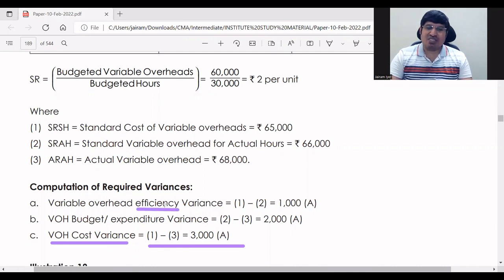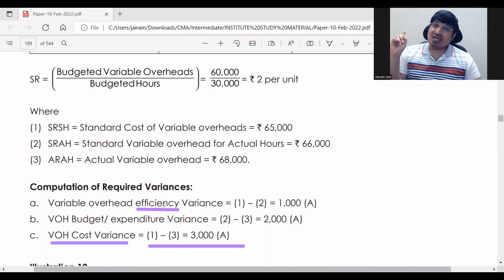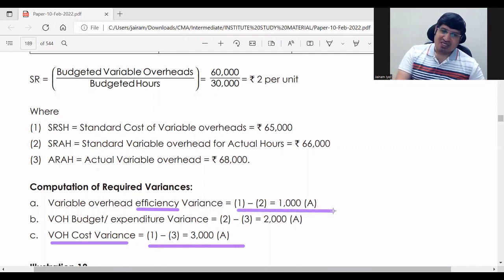Fixed overhead में efficiency last one था, and that is the difference between the first two, correct? Same here also, 1 minus 2 is efficiency variance. Okay, so there will be an efficiency variance and a budget variance. ये दो variance होते हैं बस. And this is the total of A plus B.